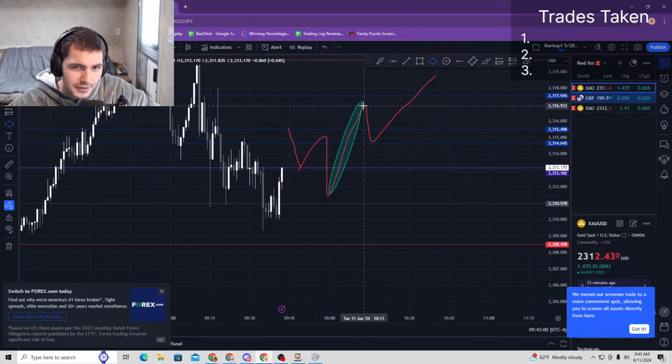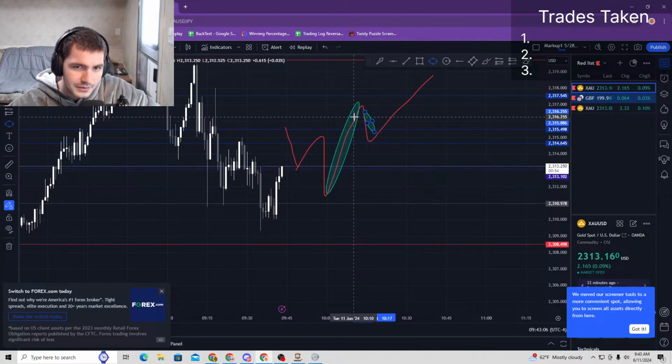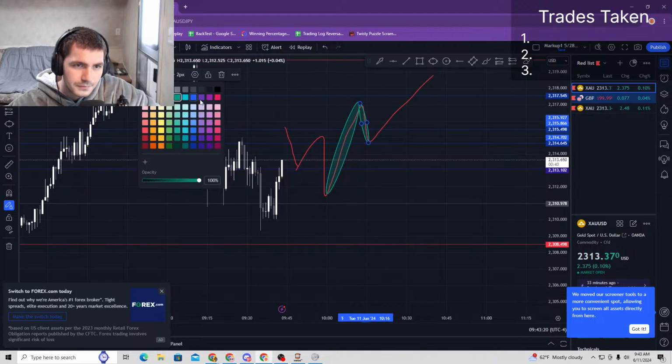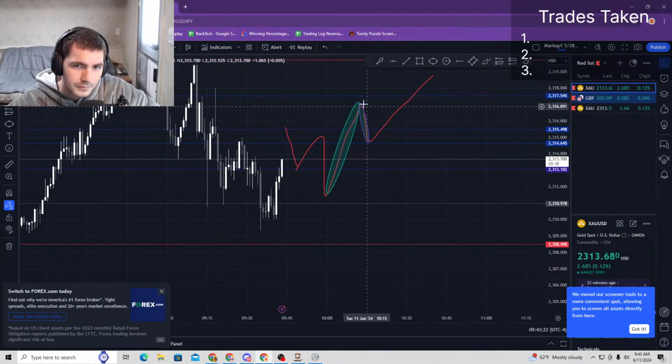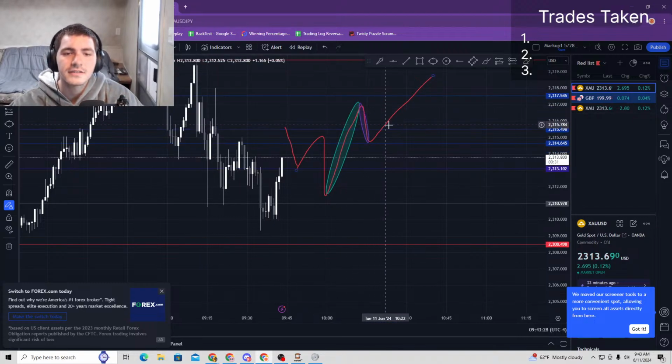And then this is probably the, I don't know how you decide where this goes. And then this is probably the second most important spot. It's the retest.